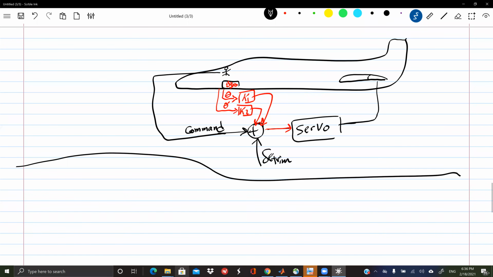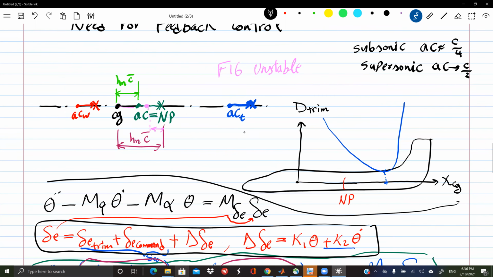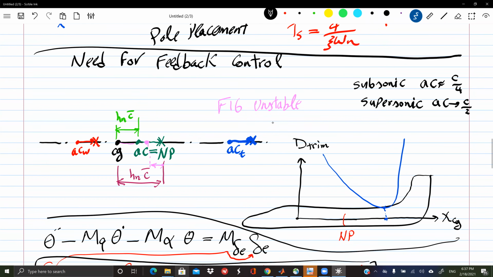Professor? Yes. I was wondering, for how you go from subsonic to supersonic, how do you physically change the distances for the aerodynamic centers? Or is it only designed for one of those conditions? I don't get the question.